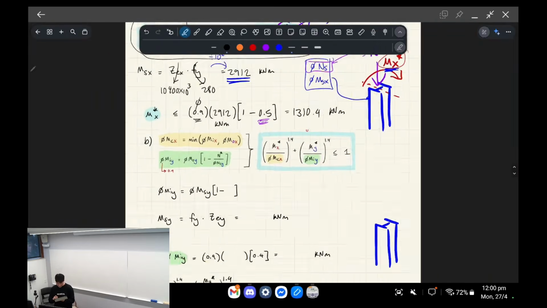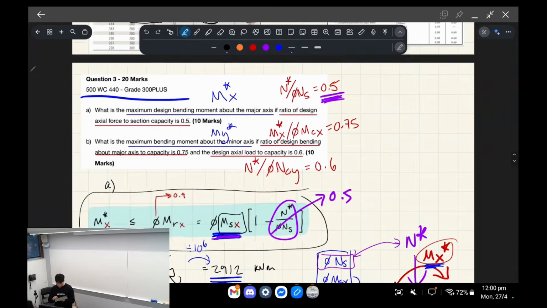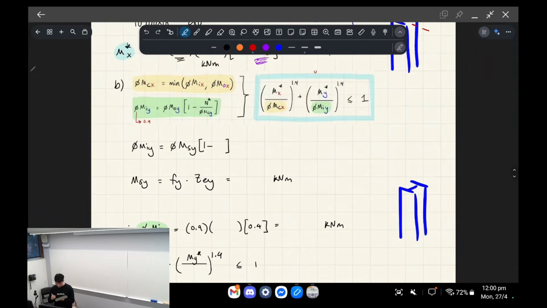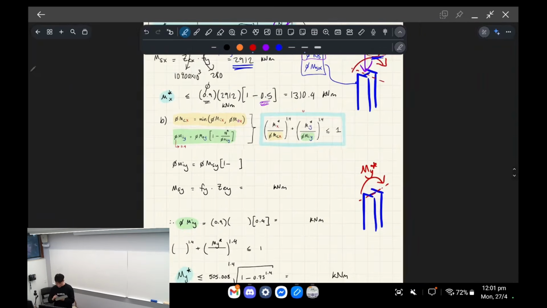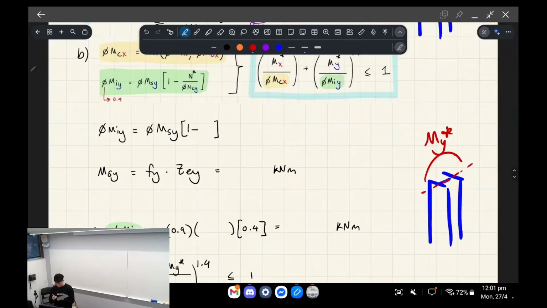Okay, so for part B, let's reread part B. What is the max bending moment about the minor axis? So now this time, instead of bending along this column's major axis, we're doing it about the minor axis like that. So now the bending moment's being applied this way.